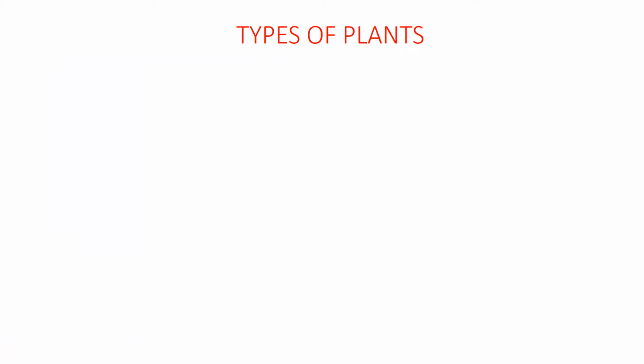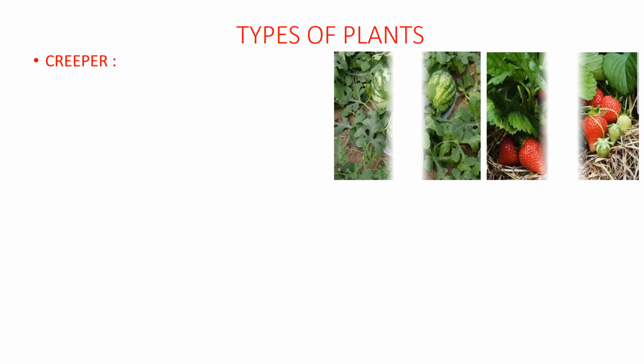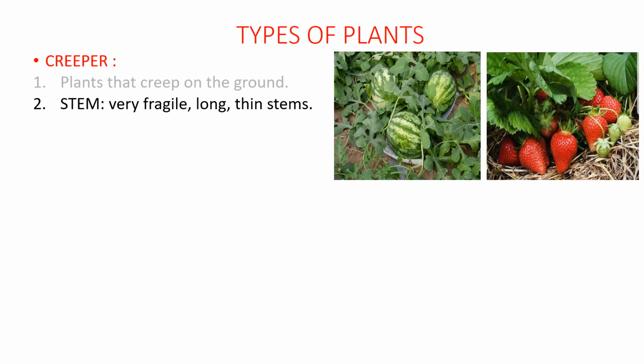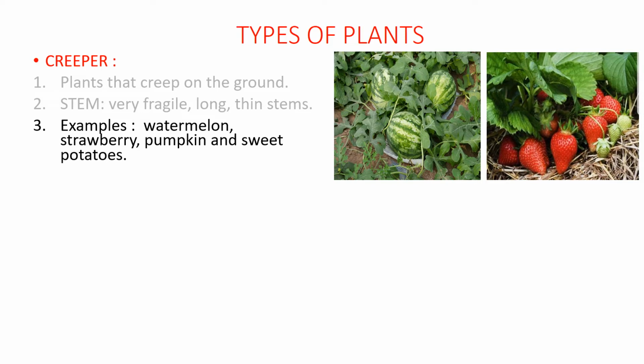Types of plants. First, creepers. As you can see in the picture, there are some plants that simply creep on the ground. Their stems are very fragile, long and thin. Examples of creepers are watermelon, strawberry, pumpkin and sweet potato.